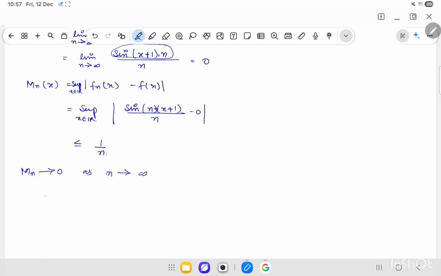So from here we can directly say that f_n(x) is uniformly convergent on the whole real line, and that's what we were supposed to show.